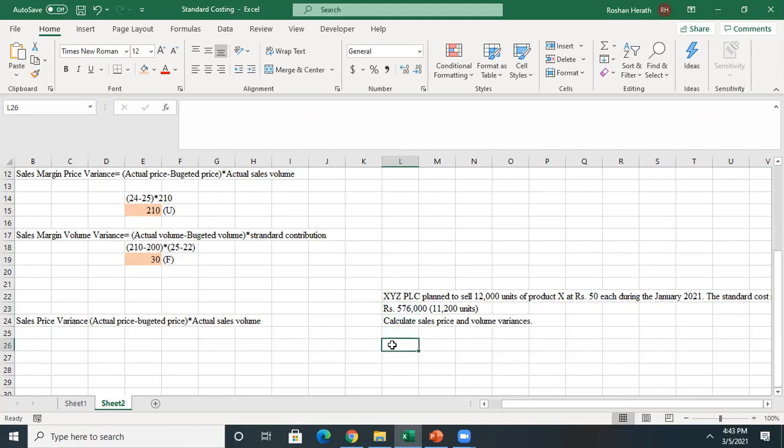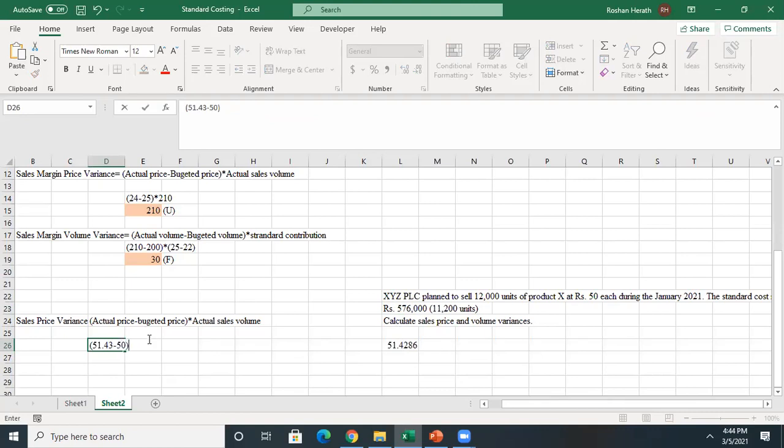So you can work out the price: 576,000 divided by 11,200. So it's 51.4286 to be precise. Let's say roughly 51.43. That's the actual price. And what is the standard price?